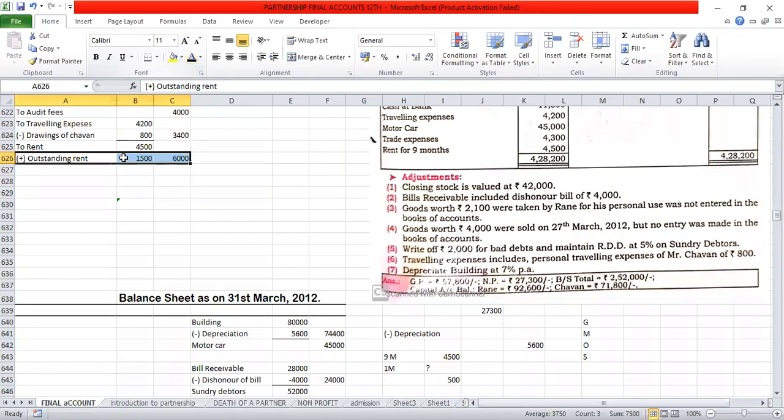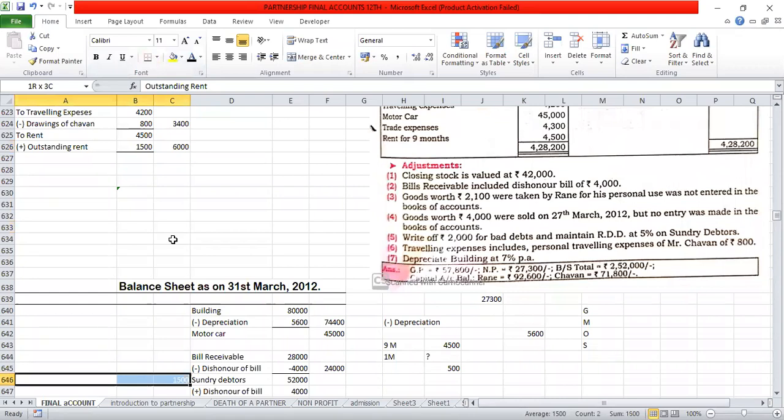So outstanding rent is 1,500. Understood? Second effect of outstanding goes to the balance sheet liability side: outstanding rent 1,500.